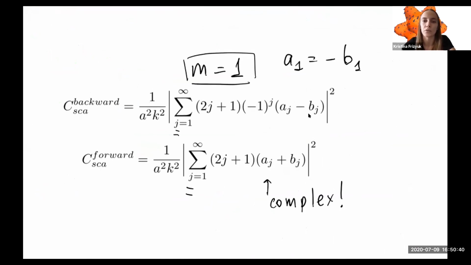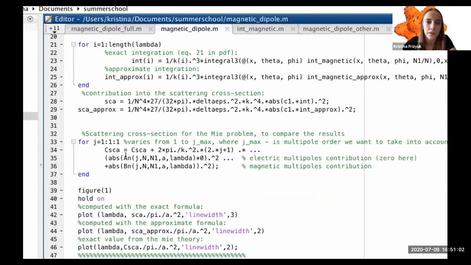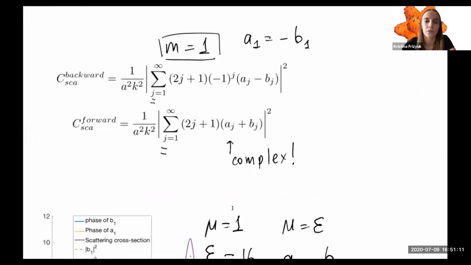You have functions for these two, and all you need is to substitute this in to write this formula, and that's all. Yes, you have these Mie coefficients, called a_n and b_n, and you need to substitute them there, and you can plot them yourself.